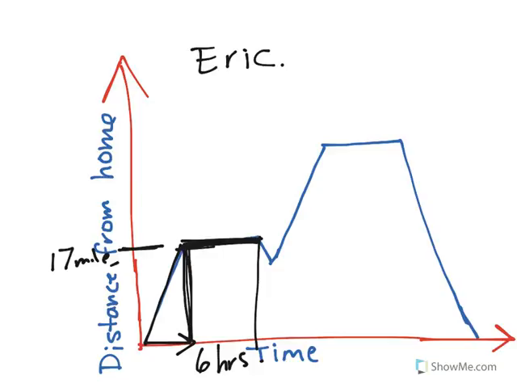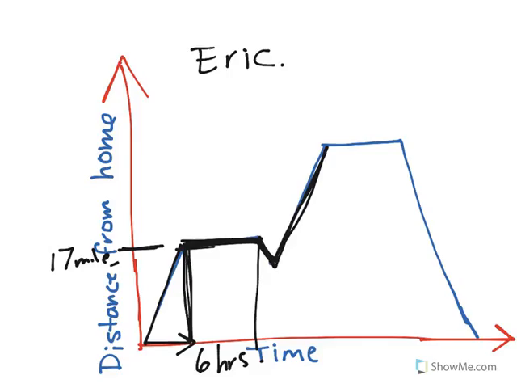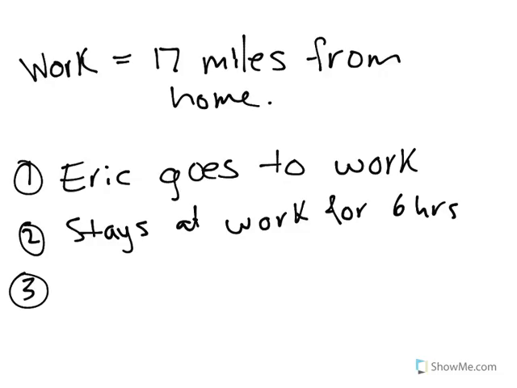Then what happens? Well, here it seems like he goes closer to home, but he doesn't stay there. He just keeps going somewhere else. So we can say that maybe in this V right here, either he went somewhere and picked something up very quickly and it was closer to home than he was before, or maybe it was part of the trajectory.